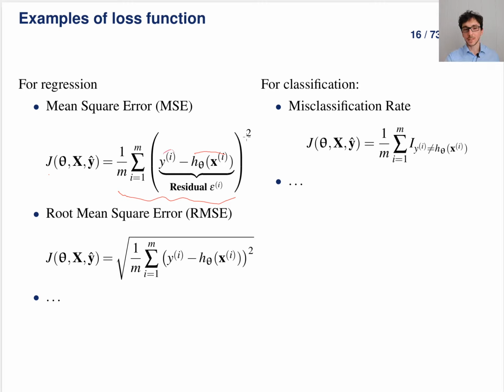You square it like this, you give the same weight to the positive and the negative errors, and you compute the average over all the m samples. If you want, you can also compute the root mean square error, that is just the square root of the mean square error. And you can have other kinds of loss functions. When we will see classification, we will employ completely different loss functions.